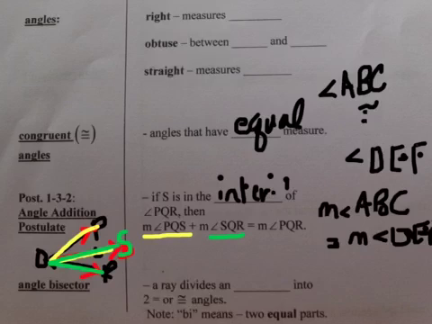Now, an angle bisector is a ray that divides an angle into two equal or congruent angles. Notice bi means two equal parts. So if I had this angle here and I drew a bisector in, maybe it goes right down the middle, I would show that these two pieces are equal by drawing an arc. That's the little arc, kind of like the tick mark we did on the segment.